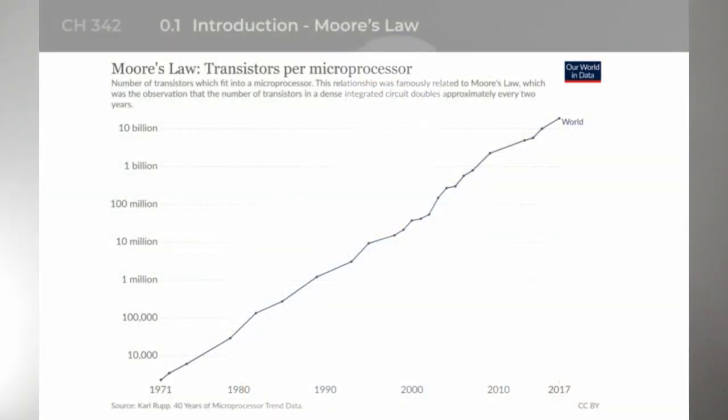Now, the number of transistors is somewhat proportional to the number of calculations that you can do. So, doubling the number of transistors means doubling the number of calculations you can do for that same size of chip. As you can see, Moore's law seems to be holding true for the last 50 years.